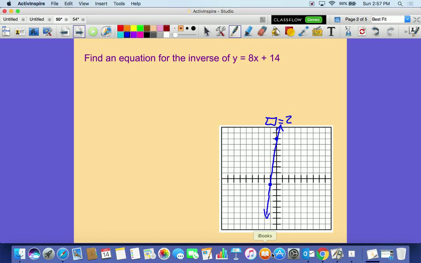Now what we're going to do with that line, as we said with the last problem, is flip this over the line y equals x, for this entire thing. If you notice, this bottom part is going to flip over here somewhere. This top part is going to flip over here.